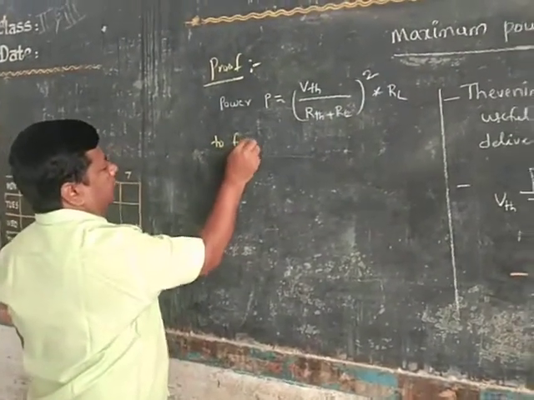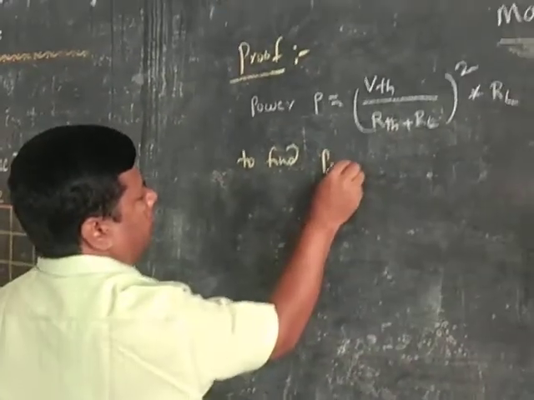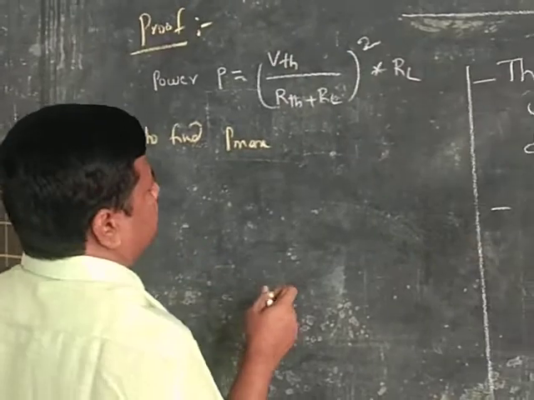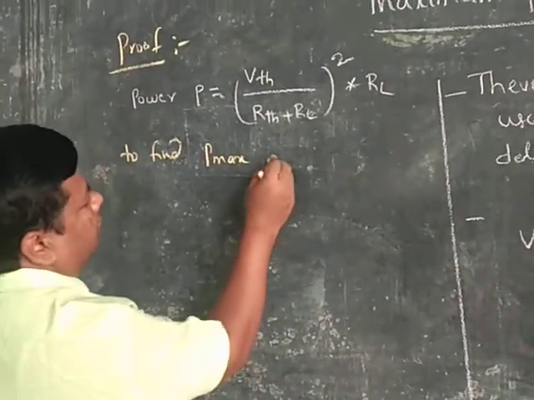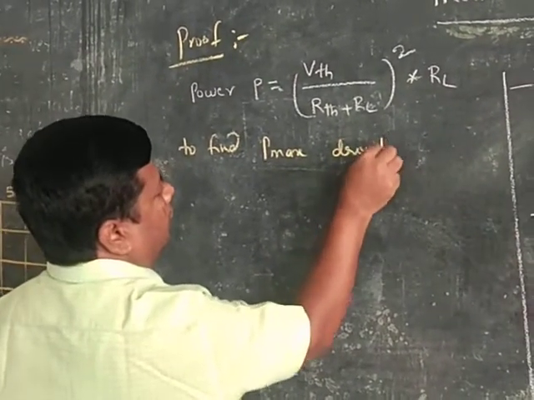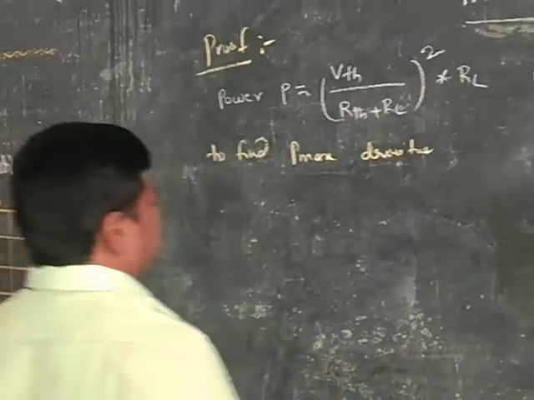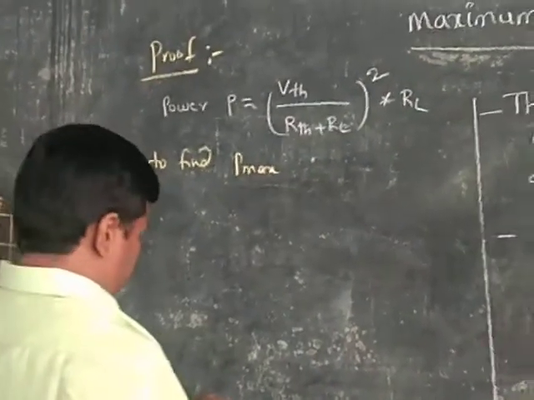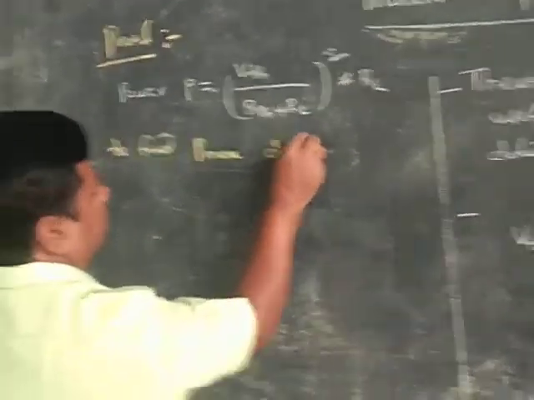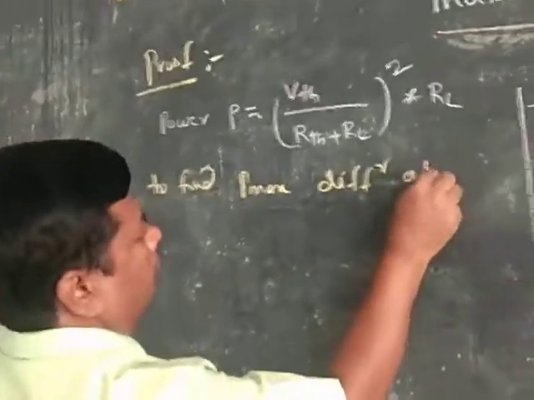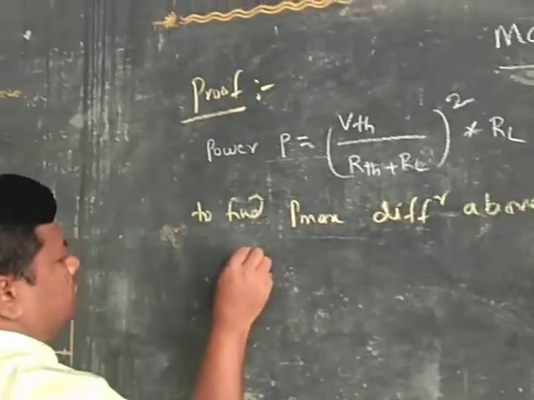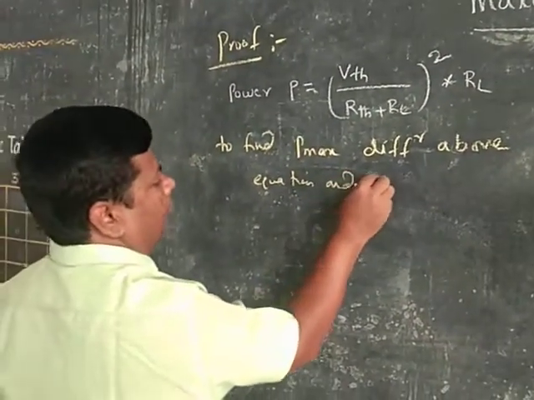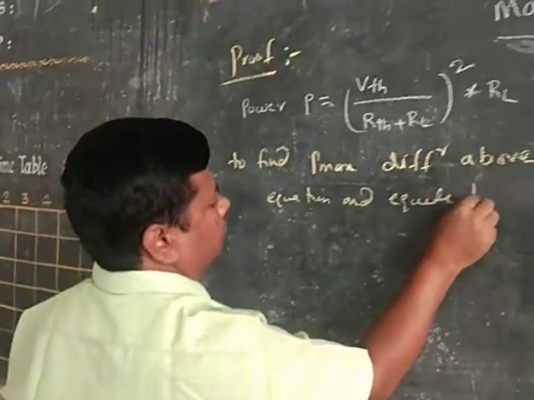To find P maximum, differentiate the above expression and equate to 0.